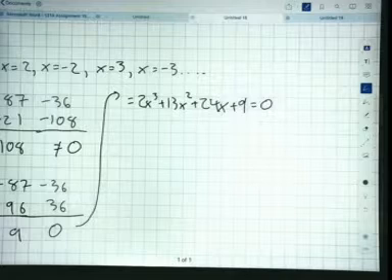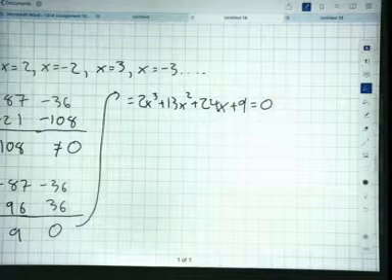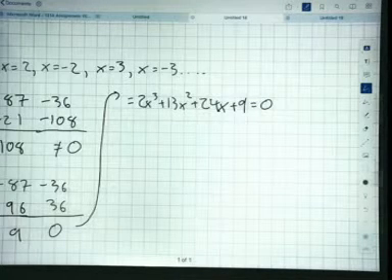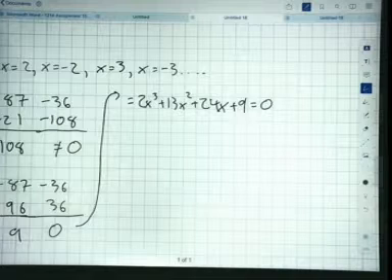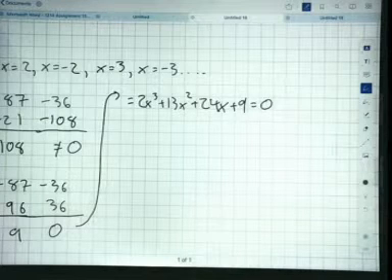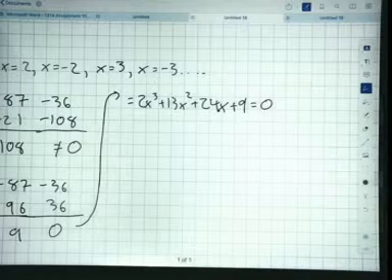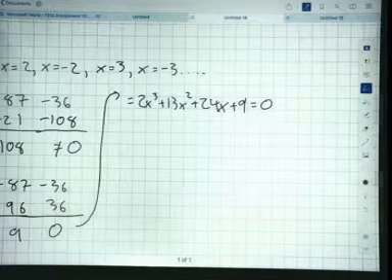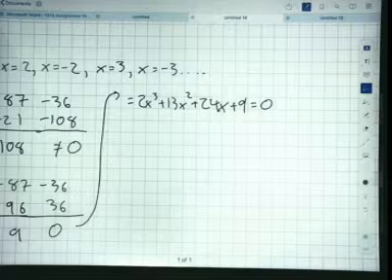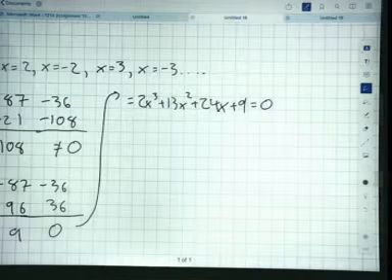Alright, did anybody else find a 0 of this function? Did anybody else find a 0 of the function? Anybody?